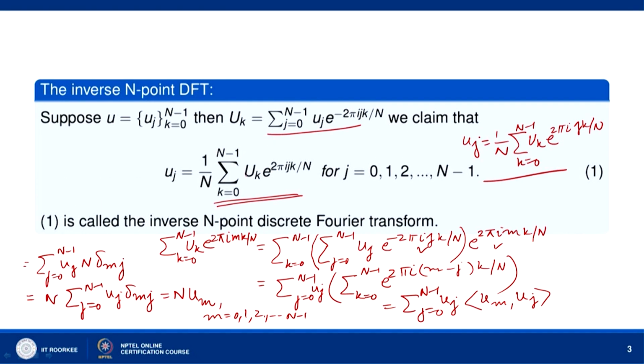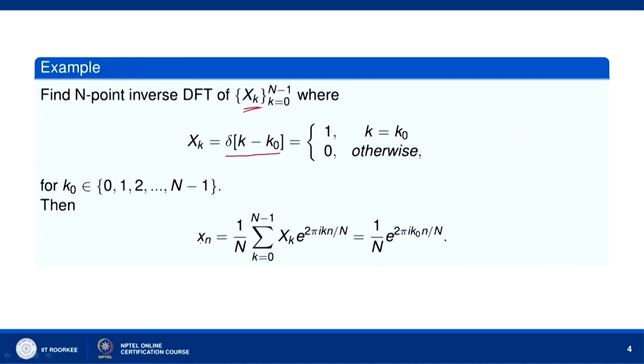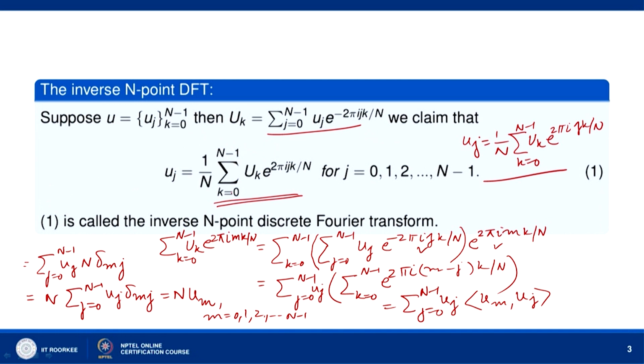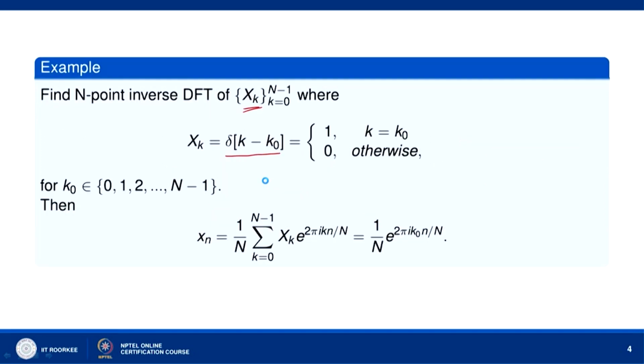So, the n point inverse DFT formula gives, instead of u j I am writing now x n, because our sequence is x n. For the sequence x n we are using the discrete Fourier transform x k. So, x n is equal to 1 over n sigma k equal to 0 to n minus 1 x k e to the power 2 pi I k n by n.